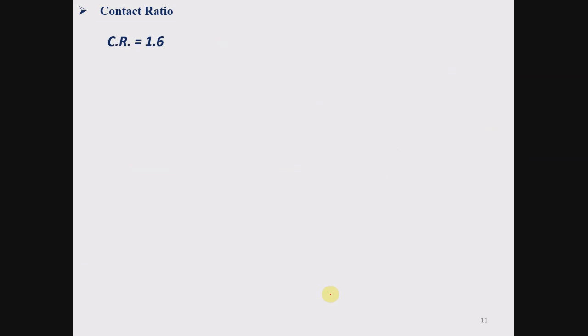Now, if I say the contact ratio for a pair of gears is 1.6, what does this mean? This does not mean that there are 1.6 pairs of teeth in contact with each other. We will always count the pairs as a whole number, correct? एक पेयर, दोन पेयर, तीन पेयर, चार पेयर, 1.6 पेयर्स असतात का? No. So what does this mean?